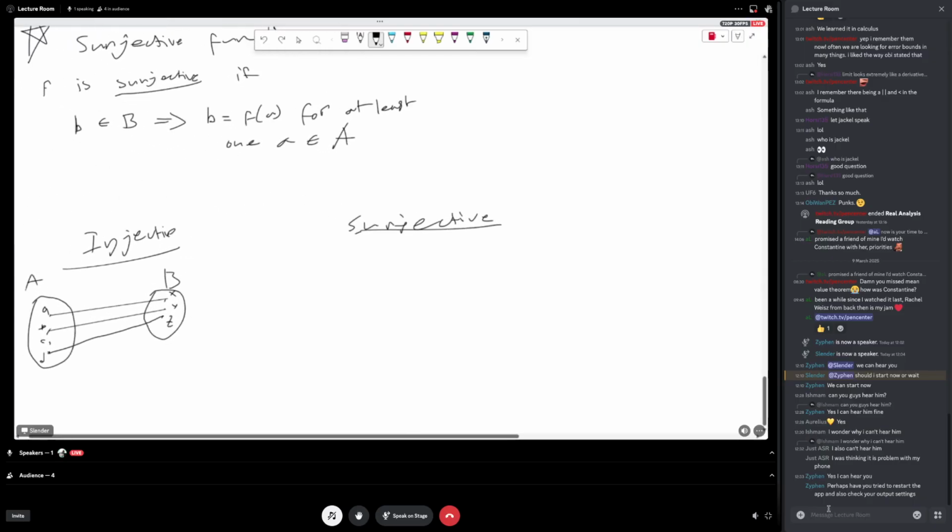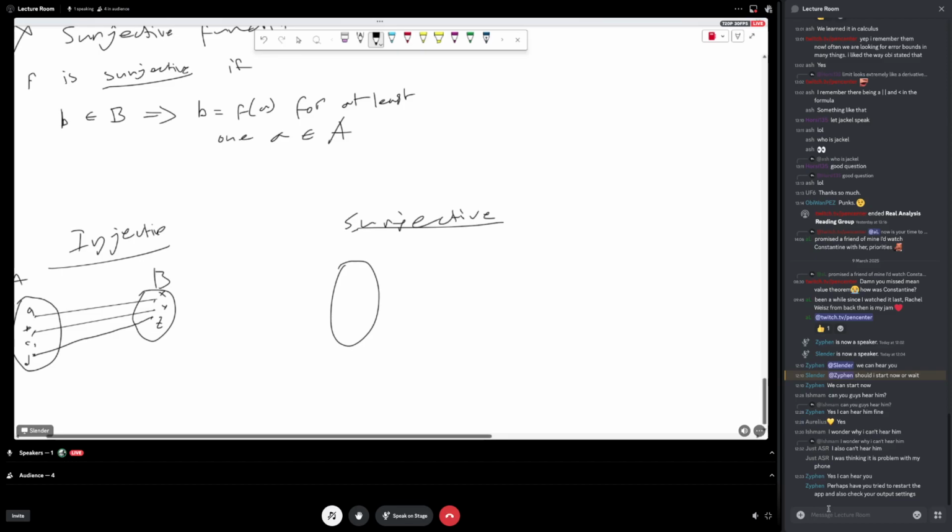But for surjective functions, A and B can map to the same output, and C can map to here, D can map to here.